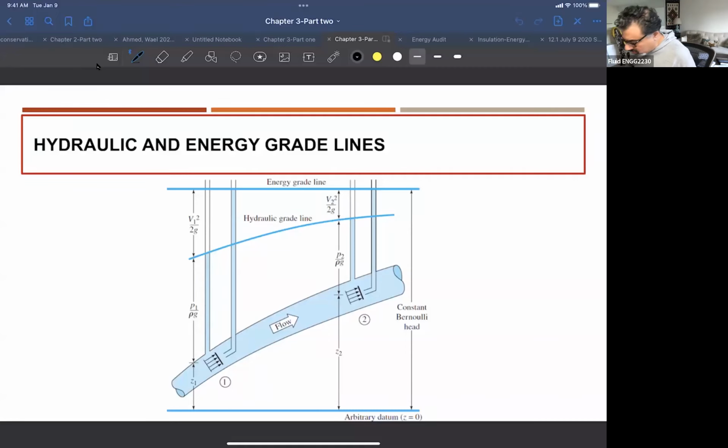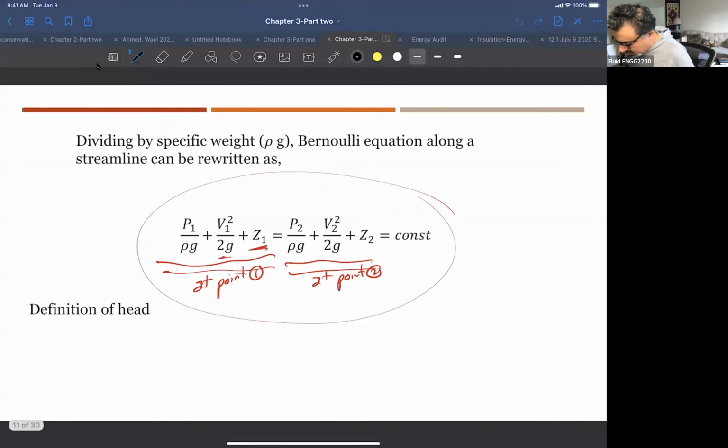The Bernoulli equation that we stopped at last time consists of three terms. The first term is related to the pressure. The second one is related to the velocity, and the third one is related to the location of the point in the system. We refer to these three types of energy as flow energy, kinetic energy, and potential energy.